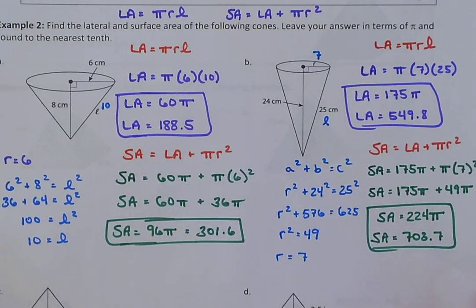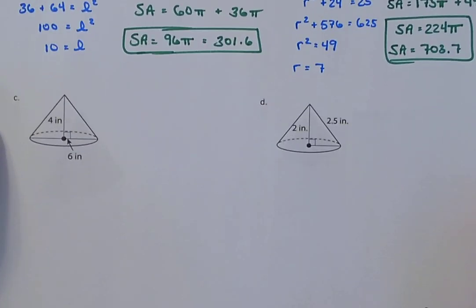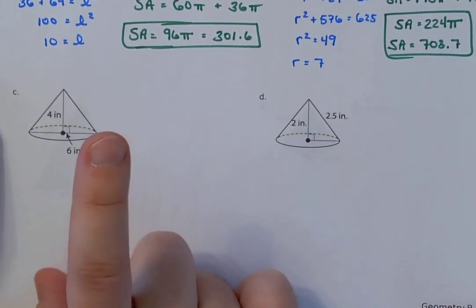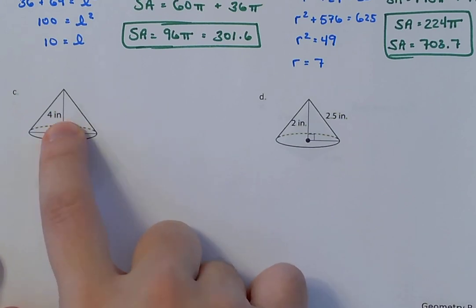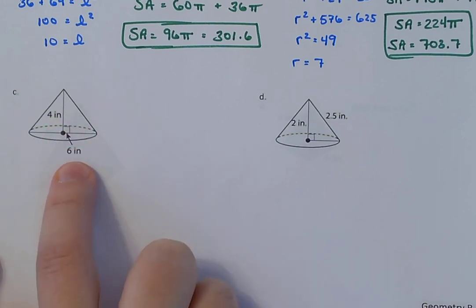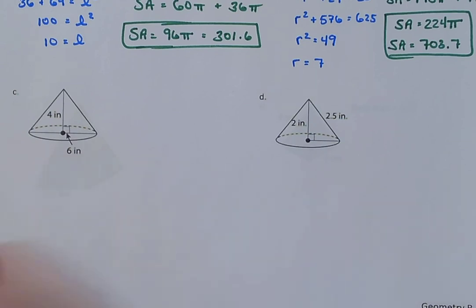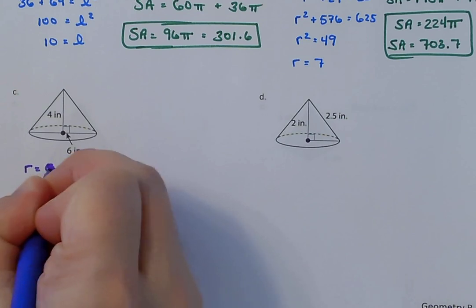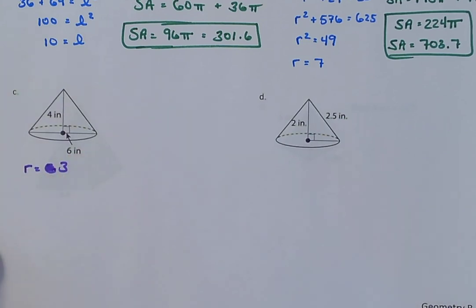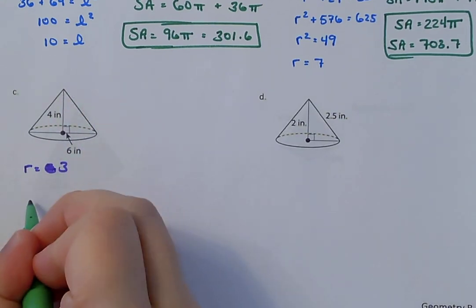So we talked about A and B. I'm not going to run through C and D for matter of time, but just one thing to point out. For C, they tell us the height of the cone is 4, and the diameter of the cone is 6. So that means the radius is 3 for this cone. And then to figure out the slant height, you want to use the Pythagorean theorem.